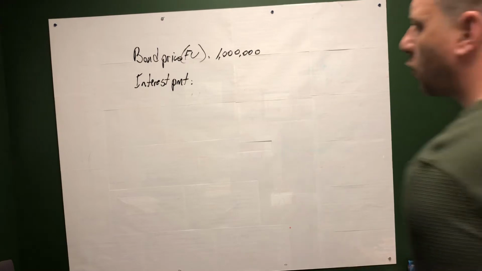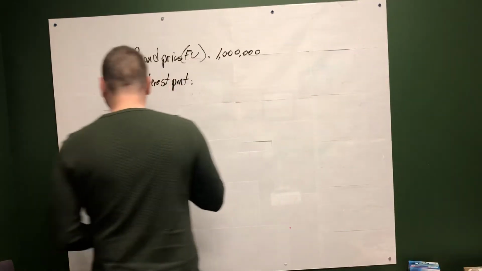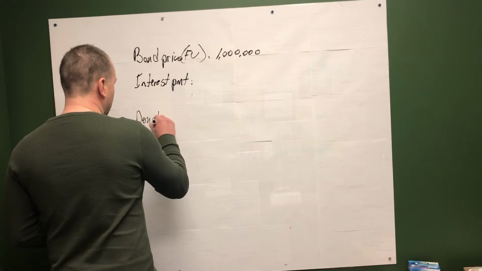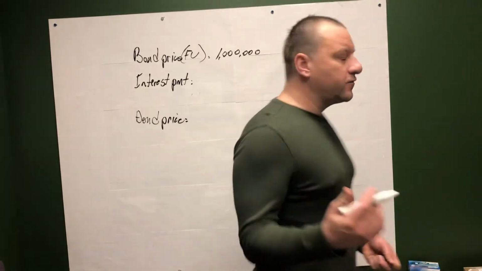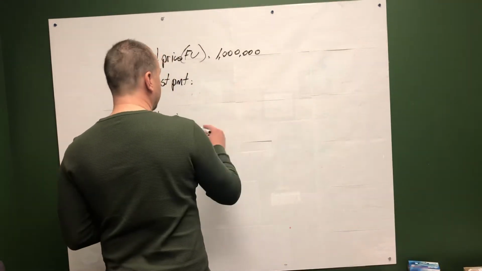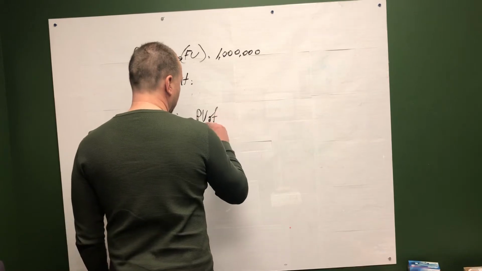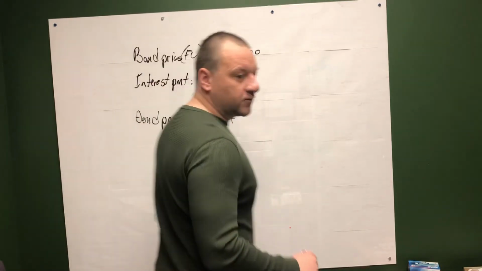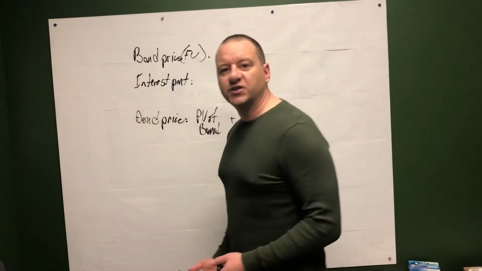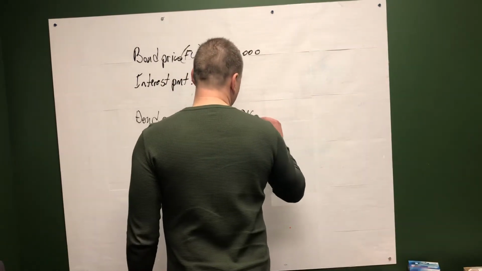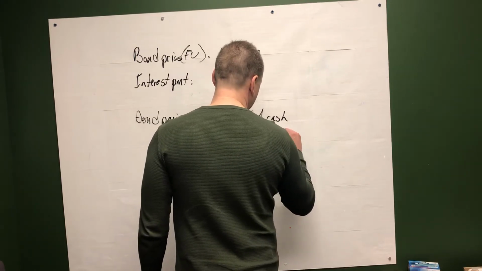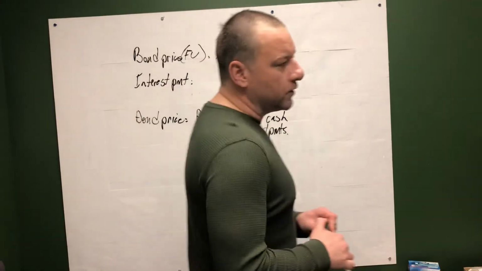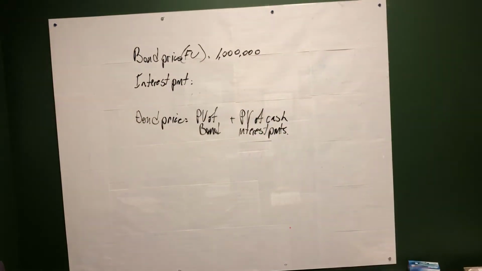So when we're recording what the bond price is, the bond price equals the present value of the principal, or the present value of the bond, plus the present value of the cash interest payments. All right, so the next step is to figure out what these present values are and how we determine that.